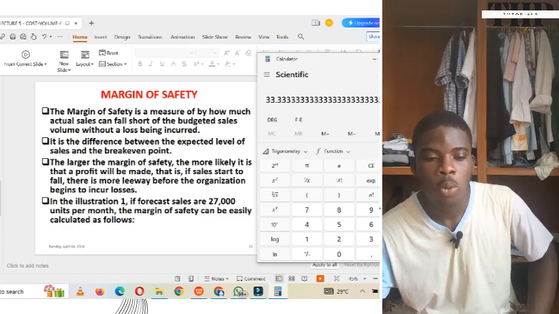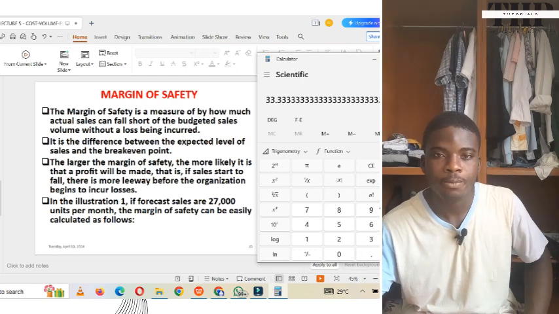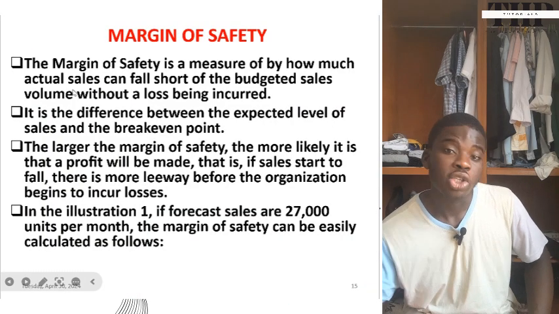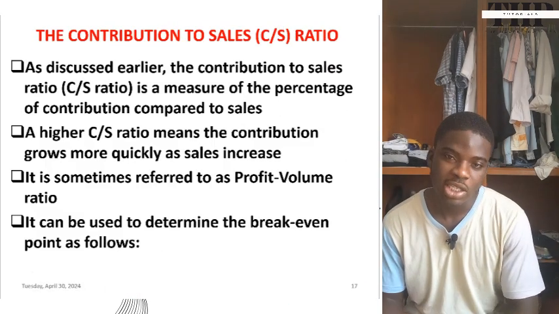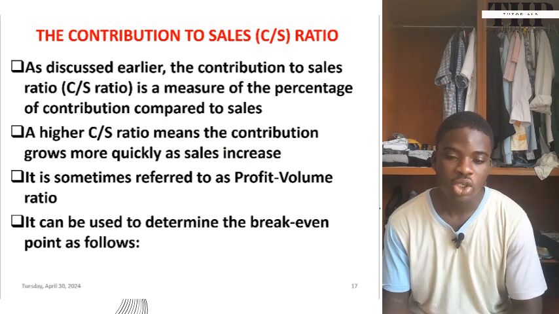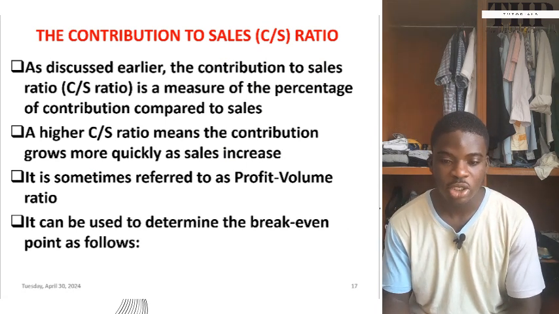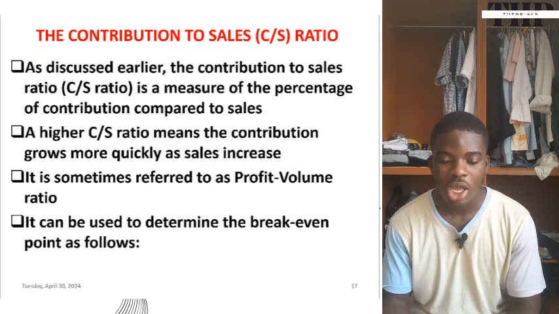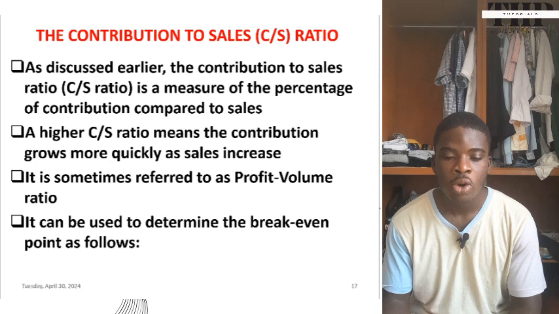So let's proceed. Contribution to sales ratio. That's a CS ratio. Now, as discussed earlier, the contribution to sales ratio is a measure of the percentage of contribution compared to sales. A higher contribution to sales ratio means the contribution grows more quickly as sales increase.